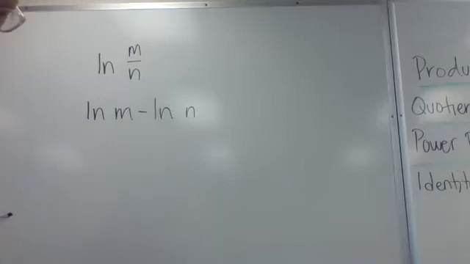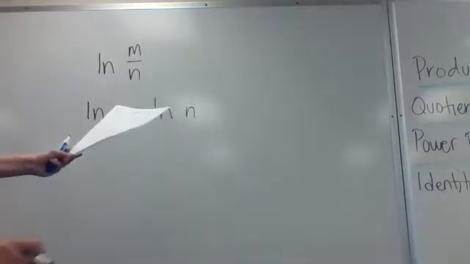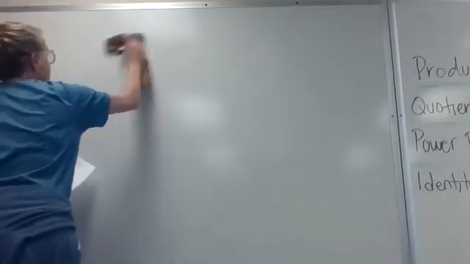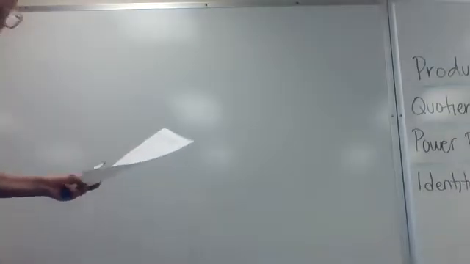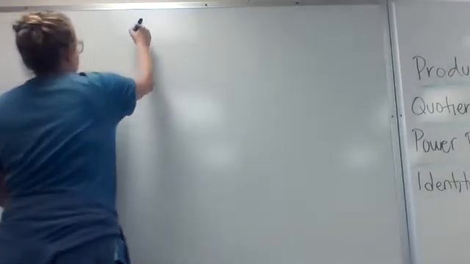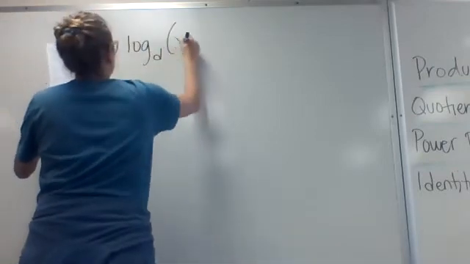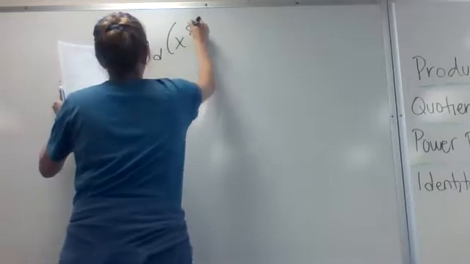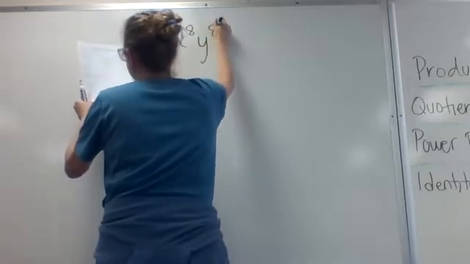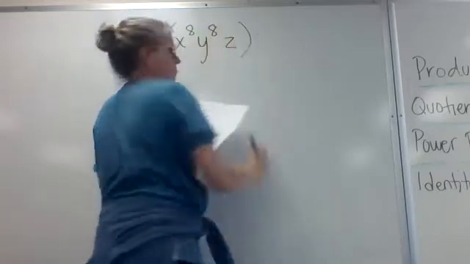Number 7, rewrite as a sum of logs. So let's see what we have on this one. I've got log base d of x to the 8th, y to the 8th, z.